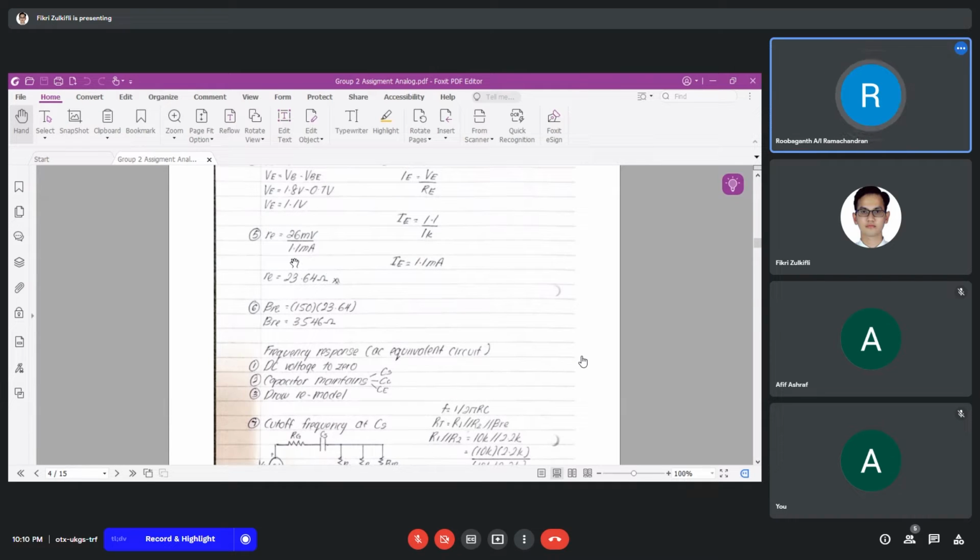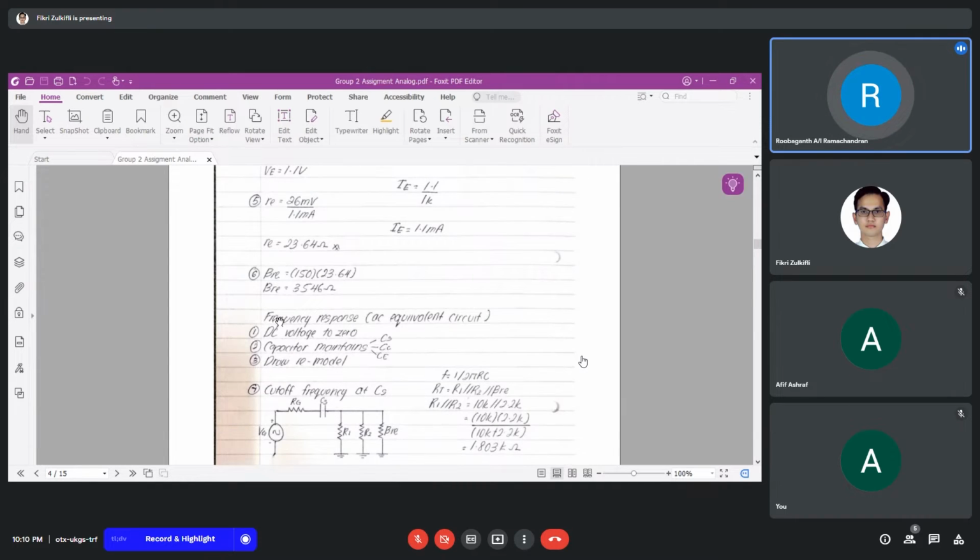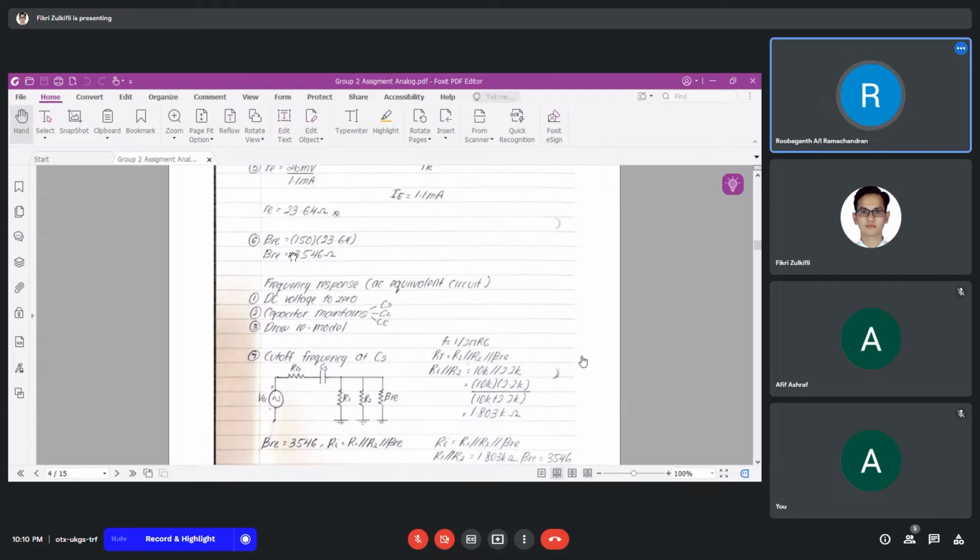After that, we need to find our small re, where the formula is re equals 26 millivolt divided by IE. So our re equals 23.64 ohm. Next, we find our beta re, where beta is 150 and re is 23.64 ohm, so our beta re is 3546 ohm.